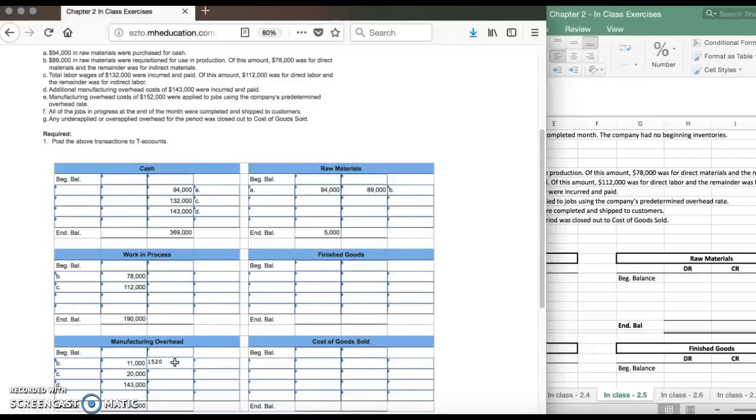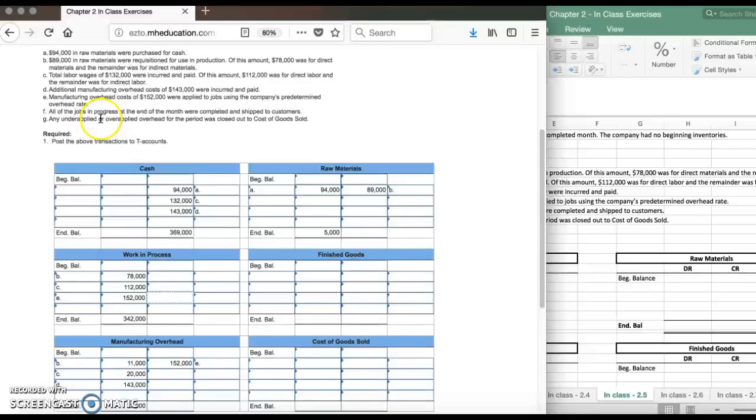So we're going to credit manufacturing overhead, 152,000. And then what else? So what's going to be our debit? So our debit is going to be work in process, okay? Because we were applying it to all the jobs.